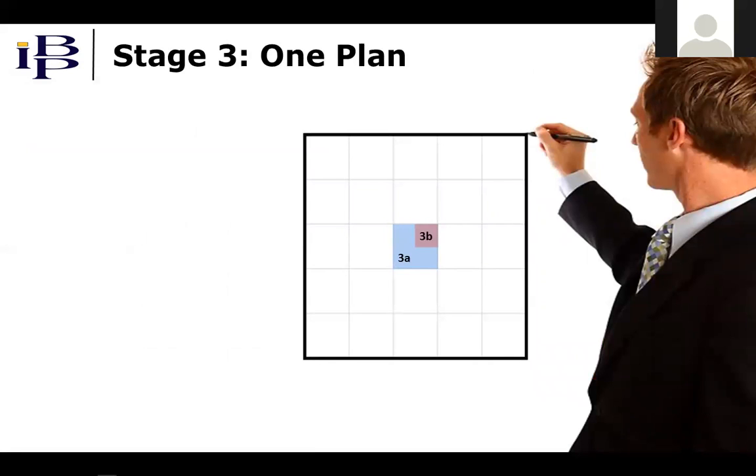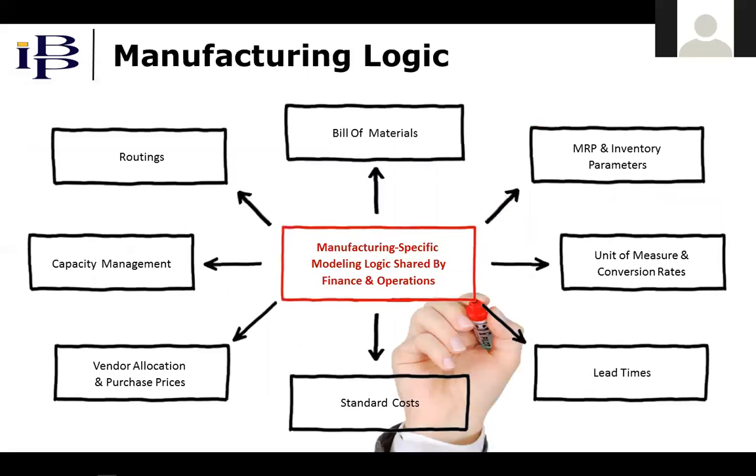So that's the basic stage. This stage B is really talking about more manufacturing-specific things. I'm not going to go into a lot of detail as to why organizations need this, but there's a separate video that we have on YouTube that describes why you need manufacturing logic, for example for things like cash flow forecasting and foreign currency exposure forecasting.